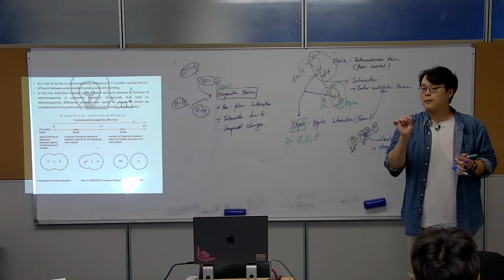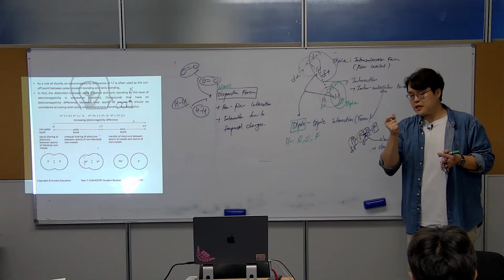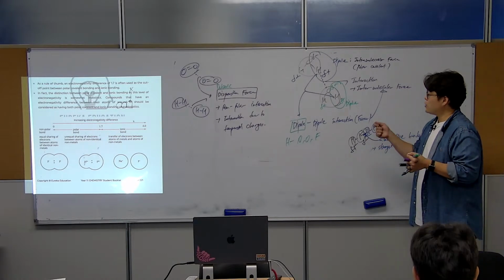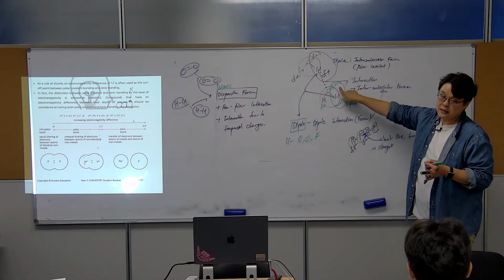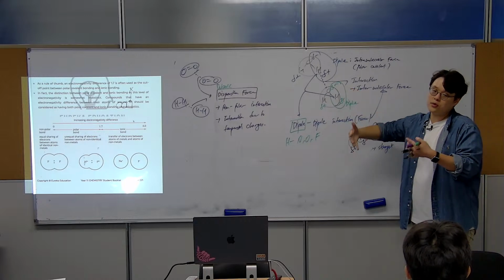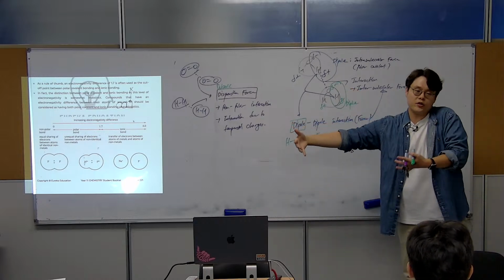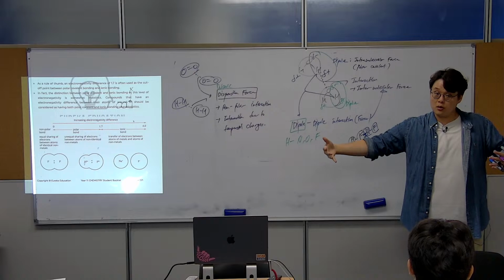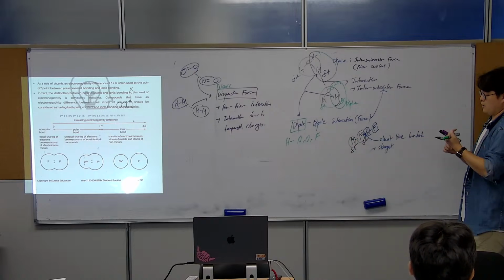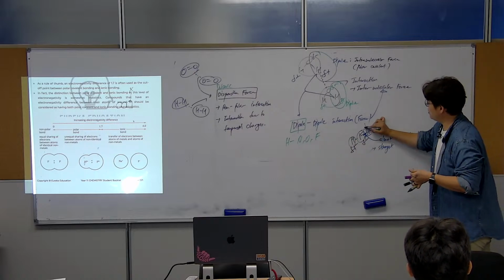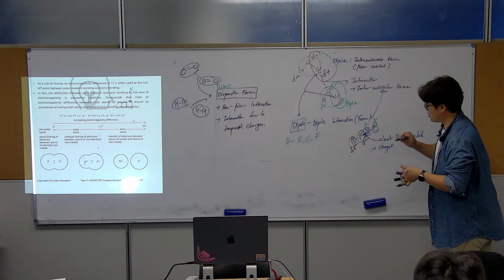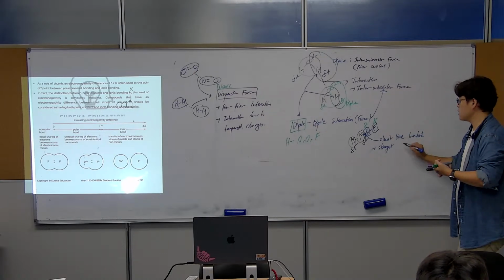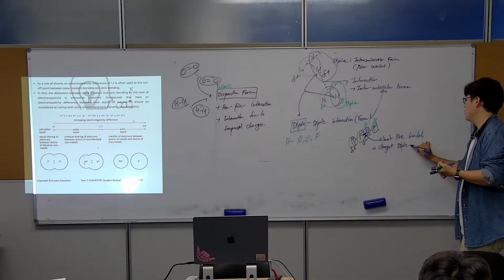We can't just have the partial negative or the partial positive individually. We need a partial positive to get the partial negative. If we have a negative, then it is followed by the positive too. Yes, it'll be a dipole too. So this means this is the strongest dipole interaction.